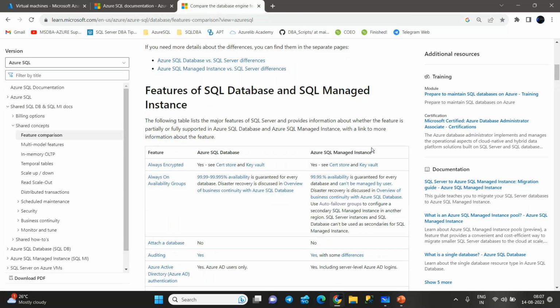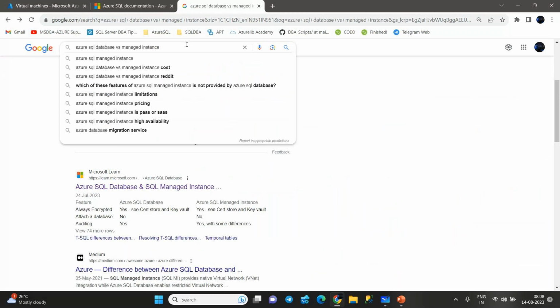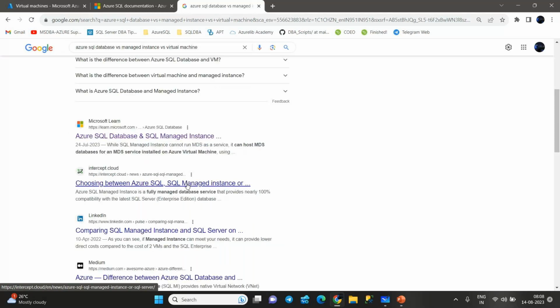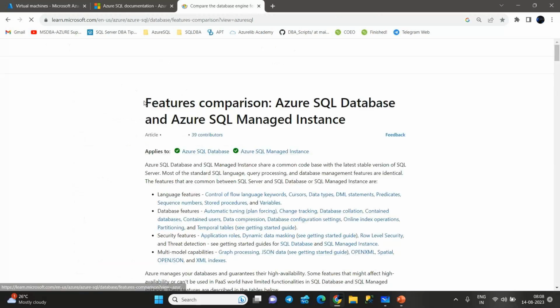I will come back to it when we are specially going for migration. Not only MI, let's go for versus Azure VM. Only managed instance.